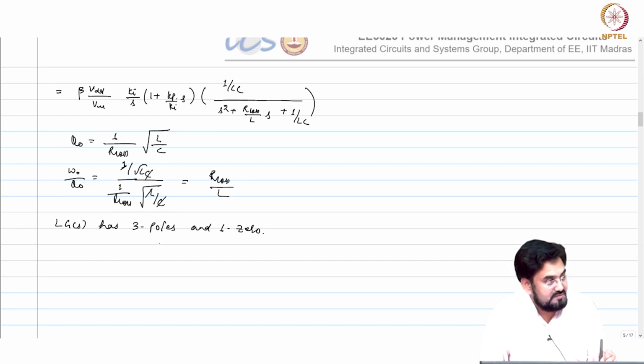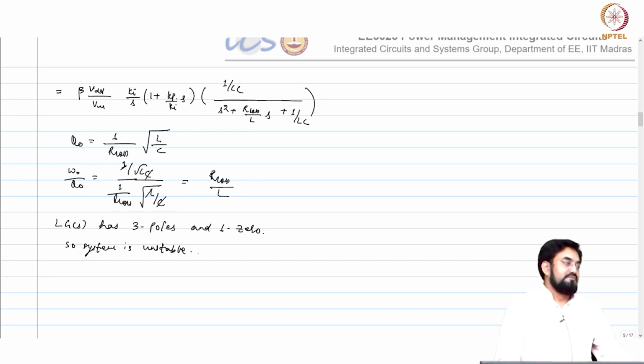Stable or unstable? So the system is unstable, which means type 2 will not work for this.